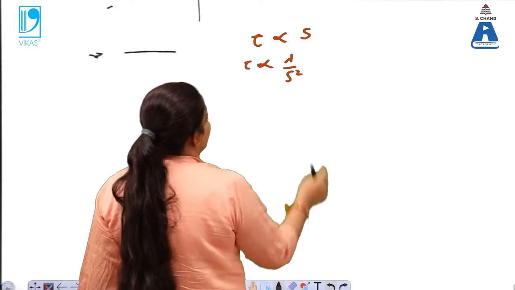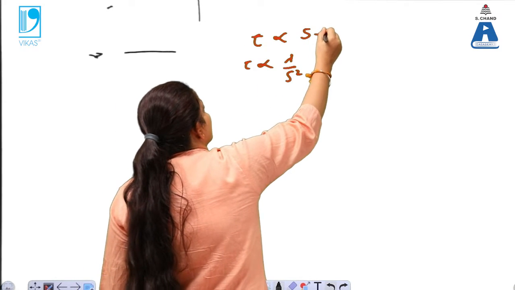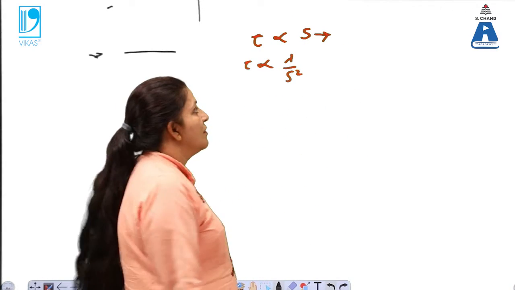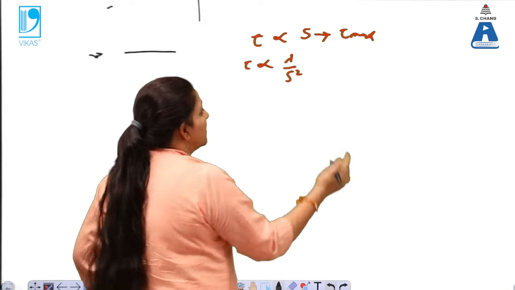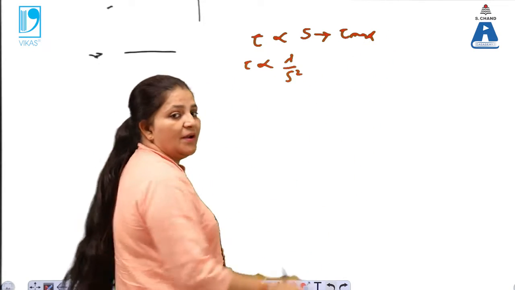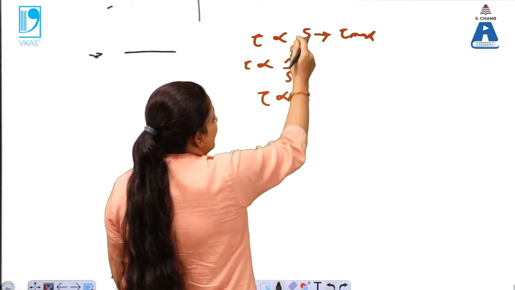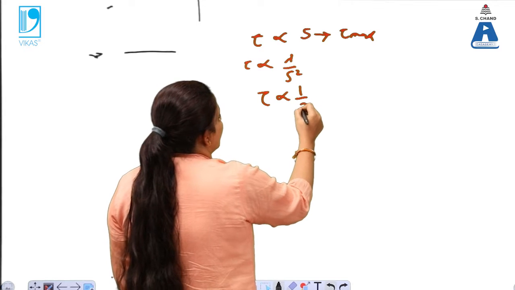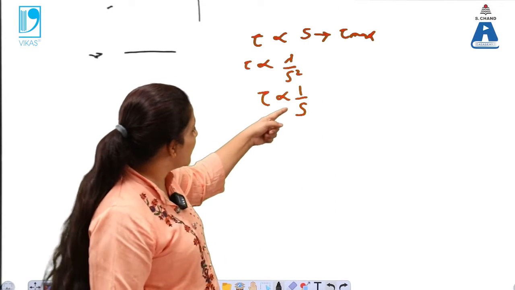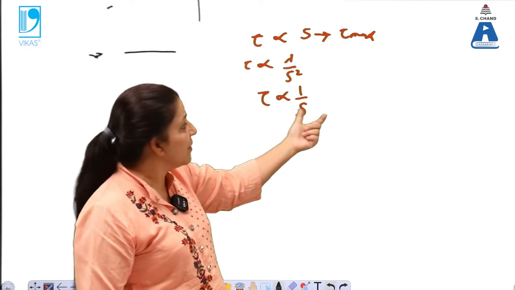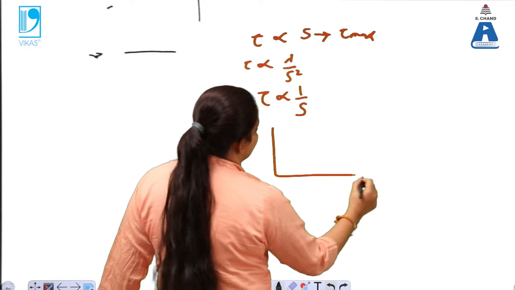By this relation the torque attains its maximum value. But on further increasing the slip, the S square component will dominate. Combining these two components, torque is proportional to 1 by S, which means as soon as you increase the slip, the torque goes on decreasing. So this is an inverse relation.